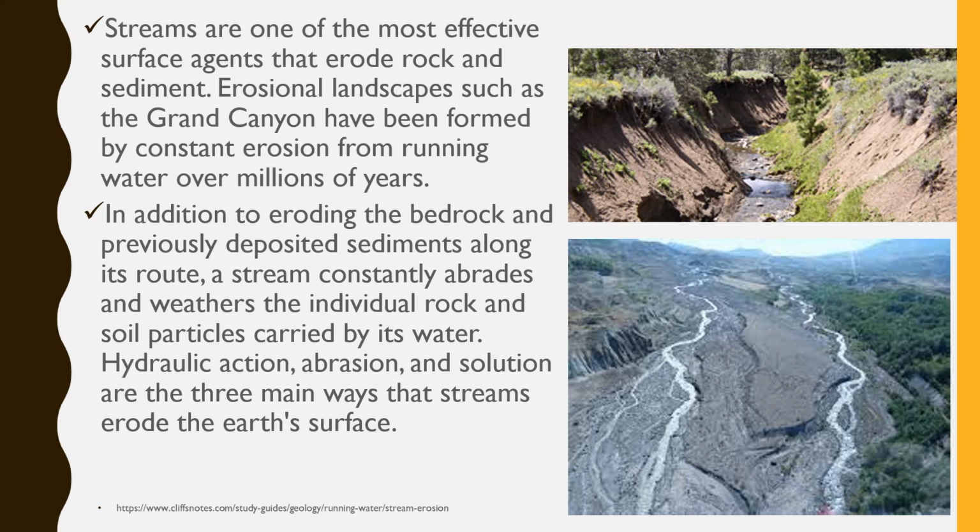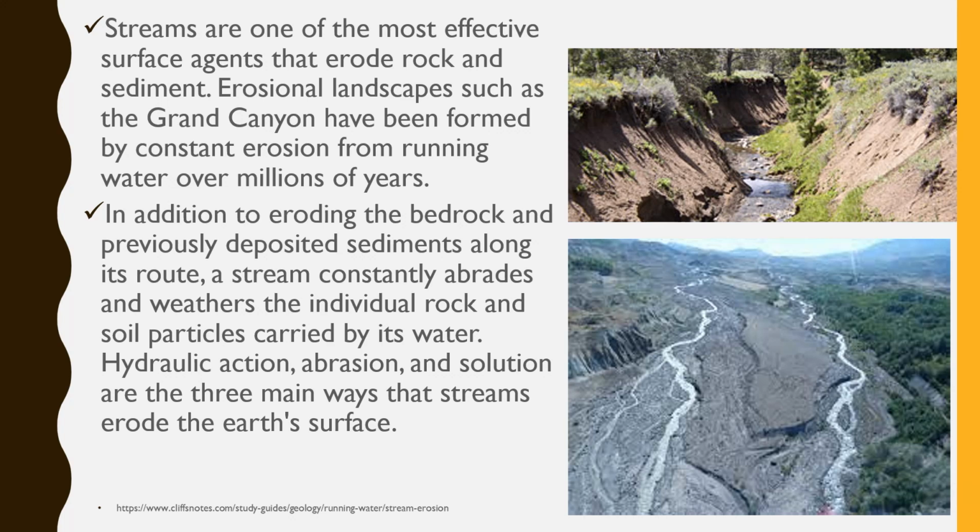So we can see here on the two images on the right types of stream erosion. It depends on the width of a stream. On the top picture the width of the stream is lower, but the depth is deeper, larger.